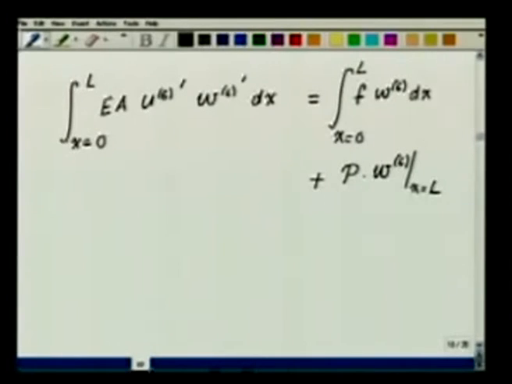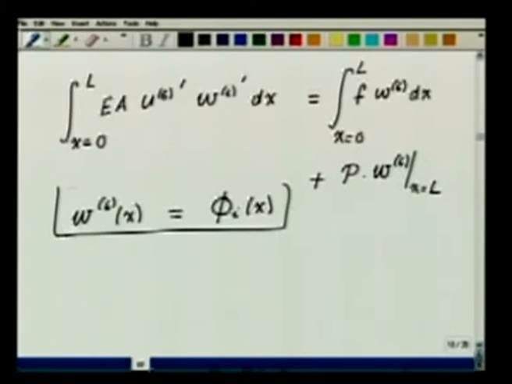That is, these wi's that we had used in the representation of w6 can be chosen according to our wish. So what we'll do is we'll take a choice for w6(x) to be equal to phi i of x.